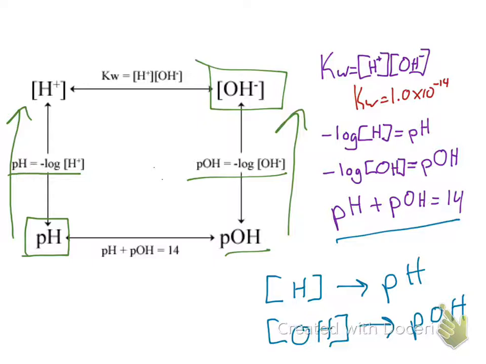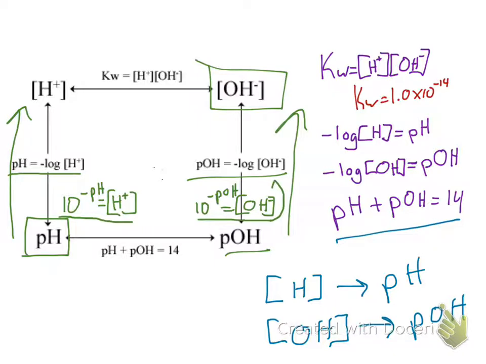And the way you do that is the following. 10 to the negative pH will give you the H, the hydrogen ion concentration. 10 to the negative pOH will give you the hydroxide ion concentration. And so this equation is the same thing as this equation, except it's solved for this. And then same thing with this. This is the same thing as this equation, except it's solved for that.